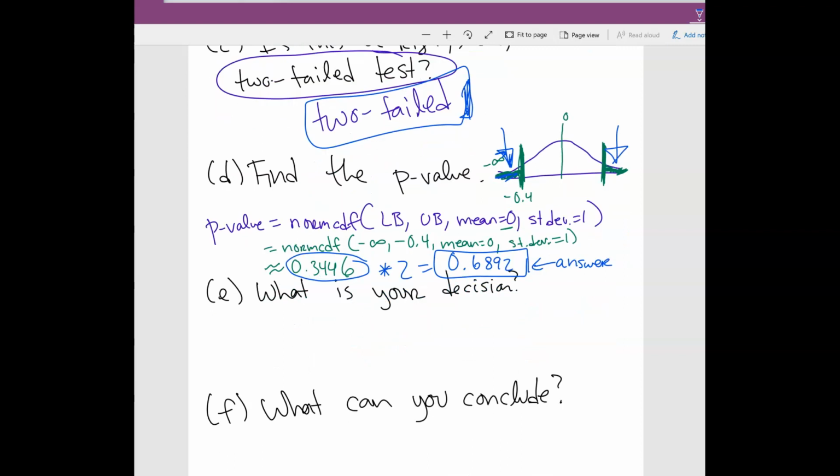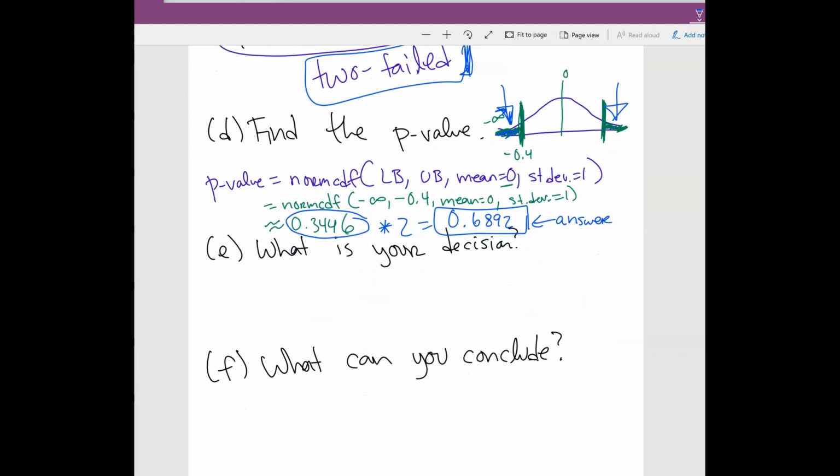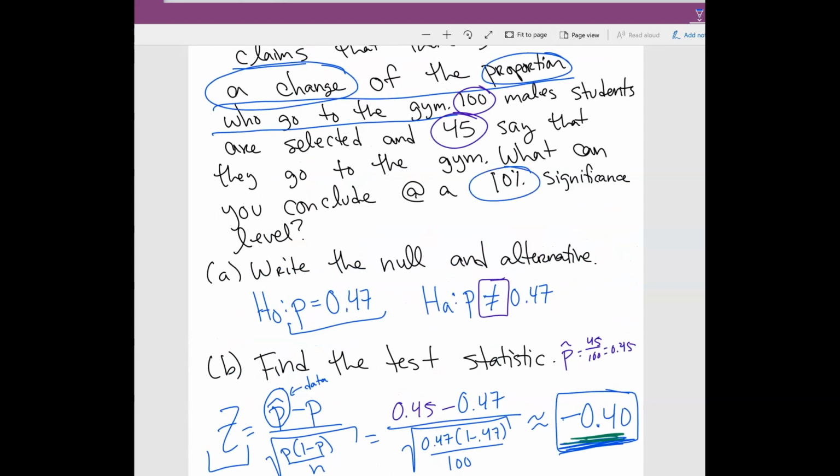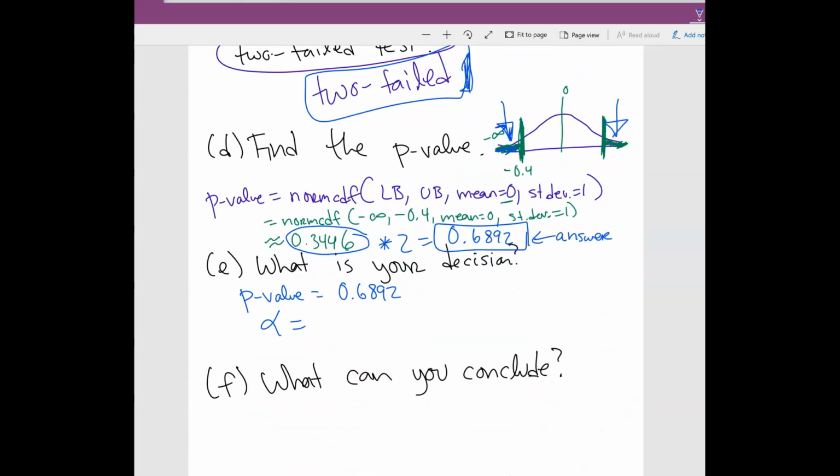All right, so now part E says, what is your decision? Okay, so I know my p-value is 0.6892. My alpha value, which is my significance level, well, let's see what that was. If we go back up, my significance level was equal to 10%. 10% in this case is 0.1. Okay, is the p-value small?